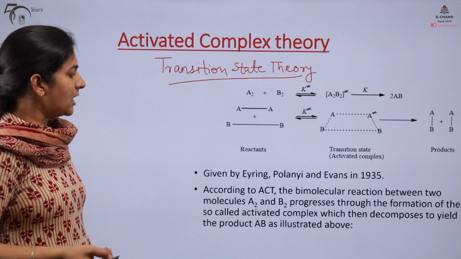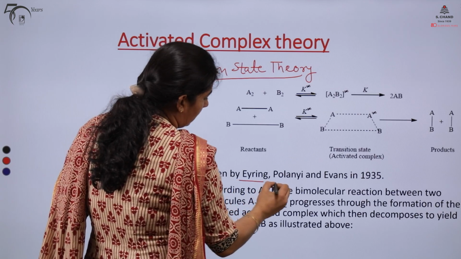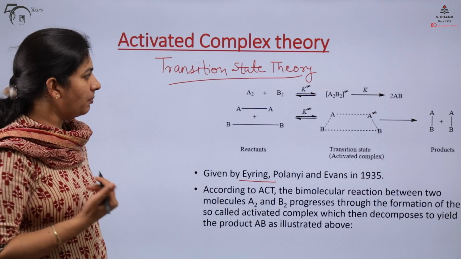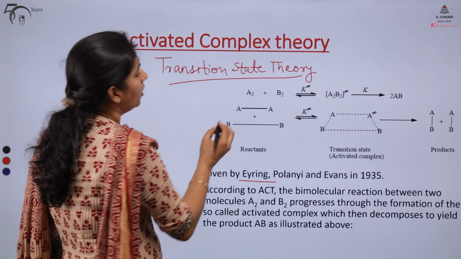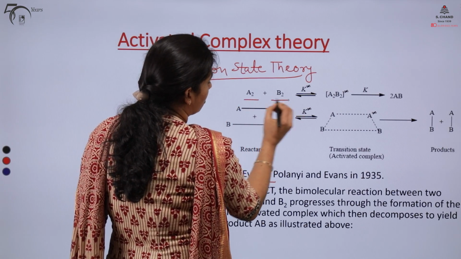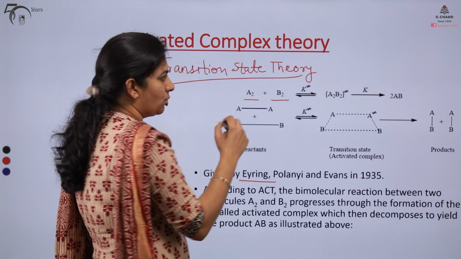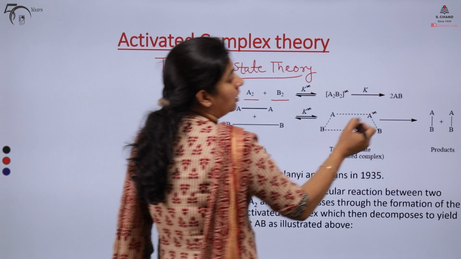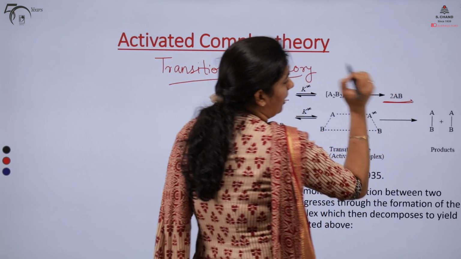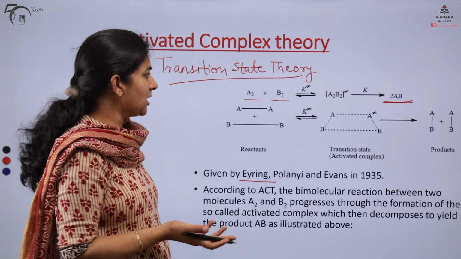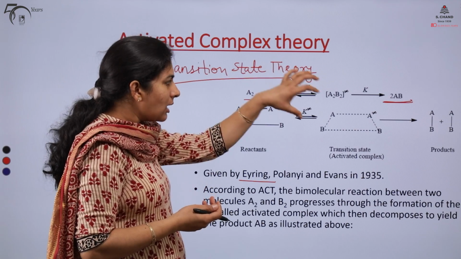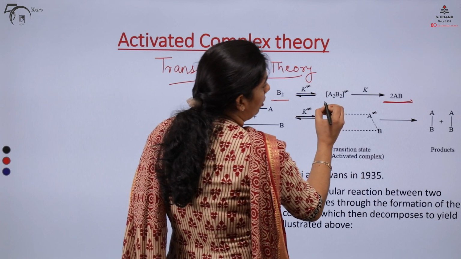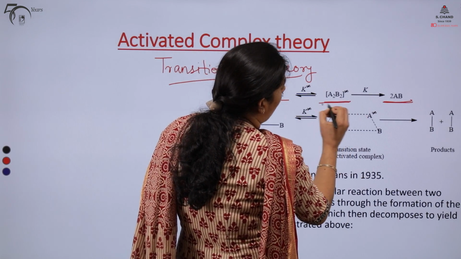This theory was given by Eyring and his fellow members, and what he suggested is that in order to undergo a chemical reaction, let's say I have A2 and B2 as my reactants, and as a result we have the formation of AB as a product. This product formation occurs via the formation of an activated complex.